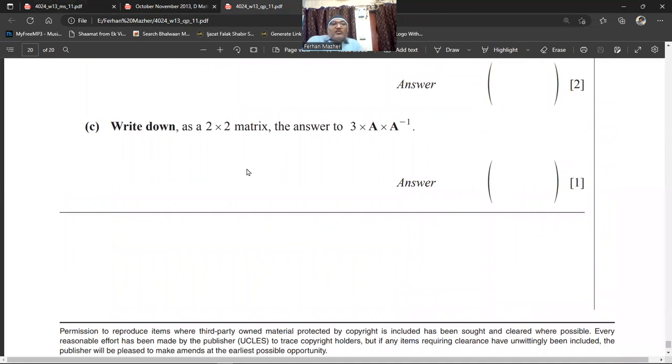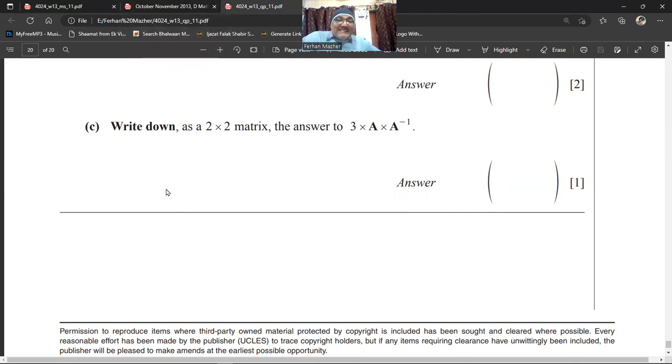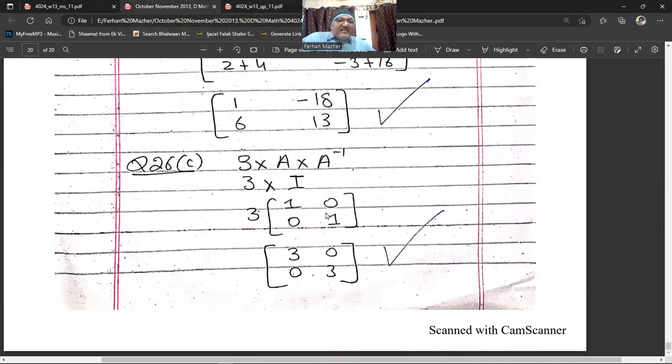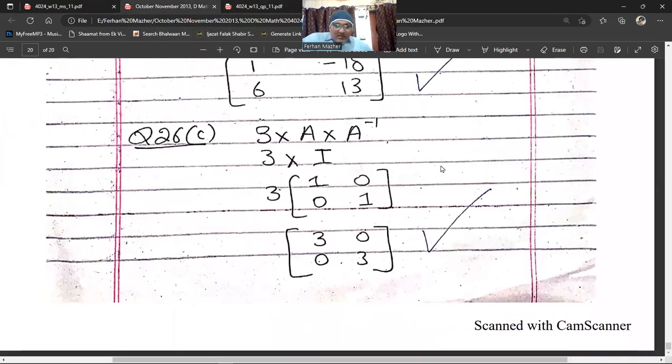C part. Question number 26, C part. He says, write down as a 2 by 2 matrix the answer of 3 multiply A inverse. You see, when A will multiply with A inverse, you will get I. I is called the identity matrix, which is 1, 0, 0, 1.